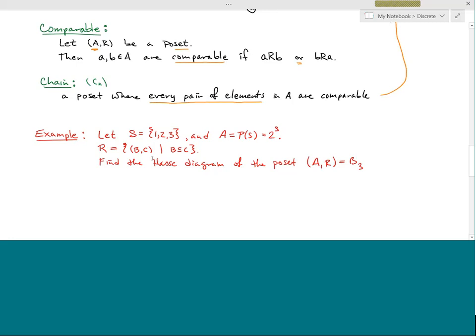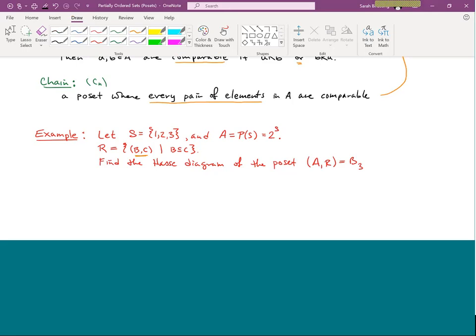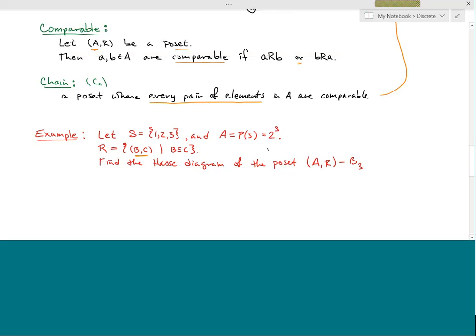Now, remember, we're going to be drawing a picture. The Hasse diagram is an adjusted digraph. In the actual digraph, if you have this ordered pair of B, C, that corresponds to what? In the digraph, it corresponds to you having the vertex B, the vertex C, and an arrow between the 2 going from the first position to the second position.